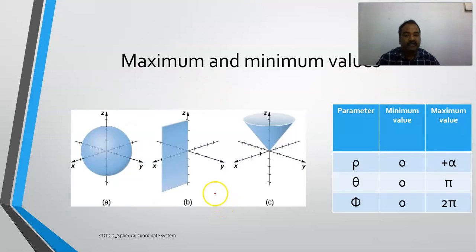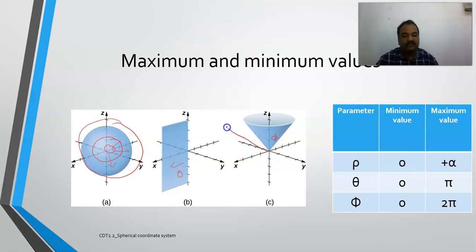See, this is R in all directions. If I decrease R, then it will be just like this.